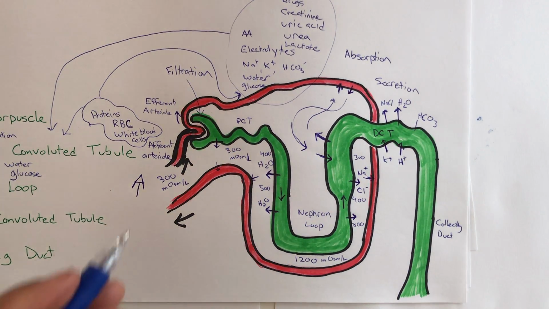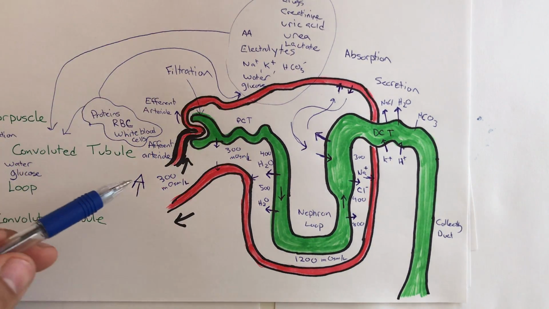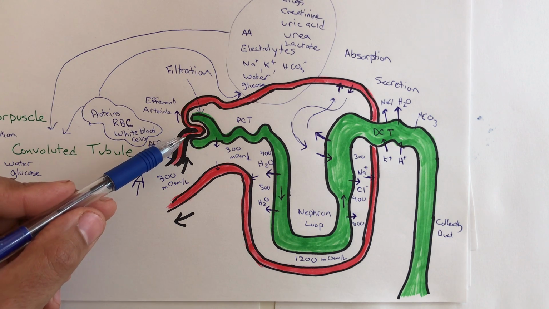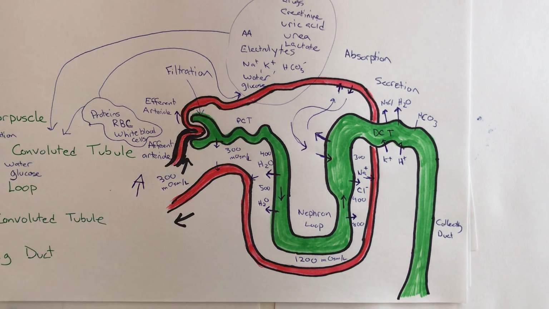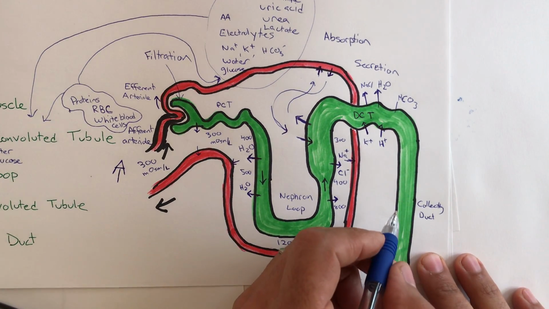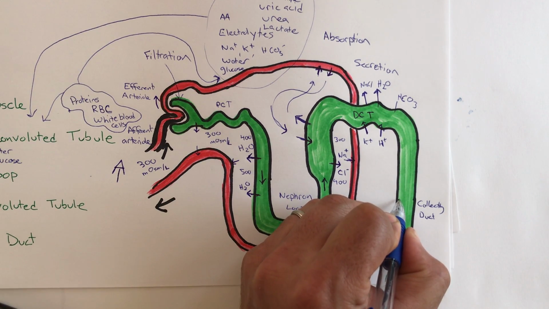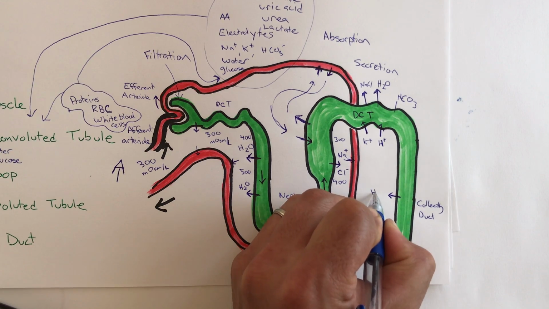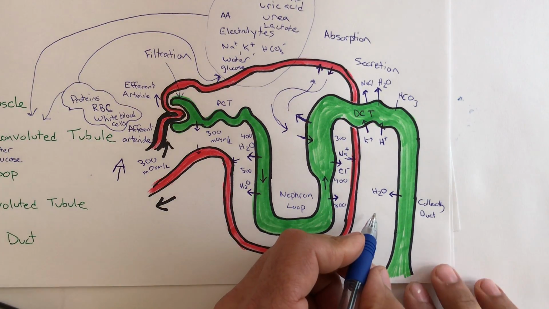And also in the PCT, we have lots and lots of things. It seems like most of the stuff that exits the blood and goes into the tube gets reabsorbed right away, right in the PCT. Finally, in the collecting duct, we have some minor reabsorption. This is our last chance for water reabsorption in the collecting duct. Last chance.